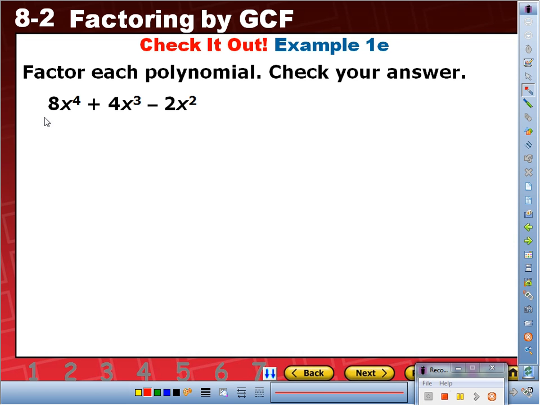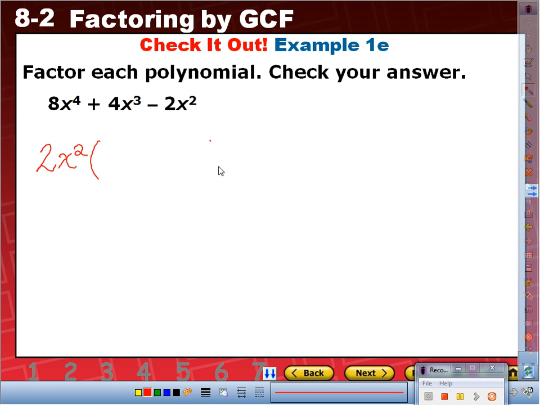So, by looking at it, it looks like GCF is, so far with the numbers, we start with the number 2, is that correct? Yeah. 2 divides into each term. What else can we divide into each term? x. What else? Squared. 2x squared.